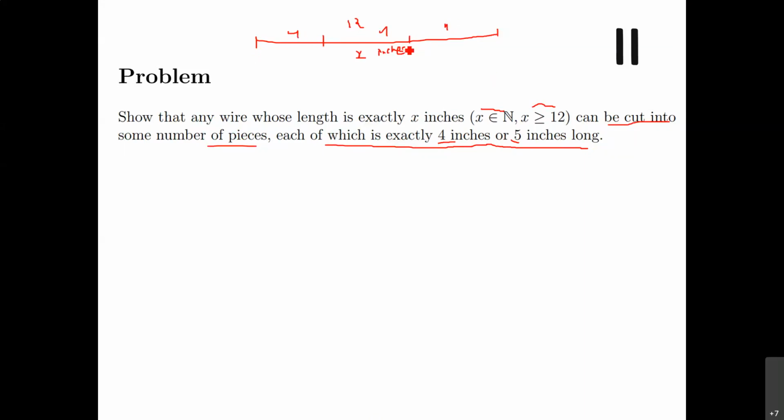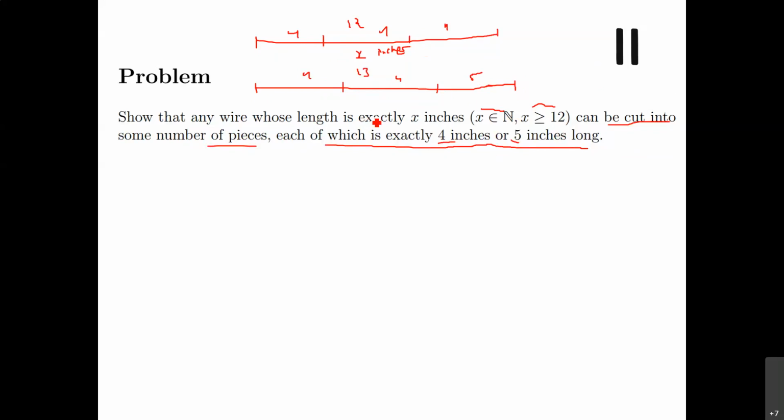Okay. So this question, in other words, what is it saying? Actually, before that, let's see what 13 is. 13, I think we can cut it into a 4, and then a 5. Okay, so 8 plus 5, that's 13.